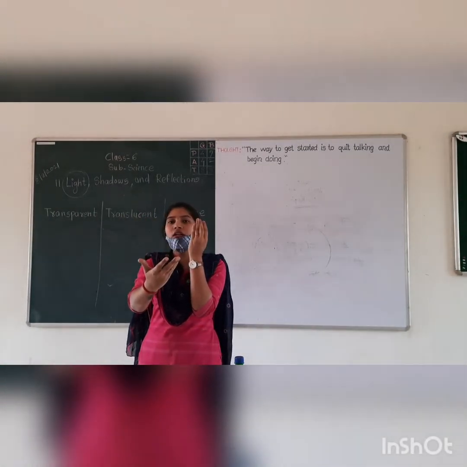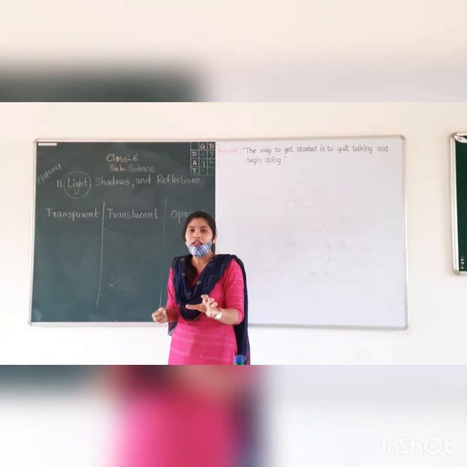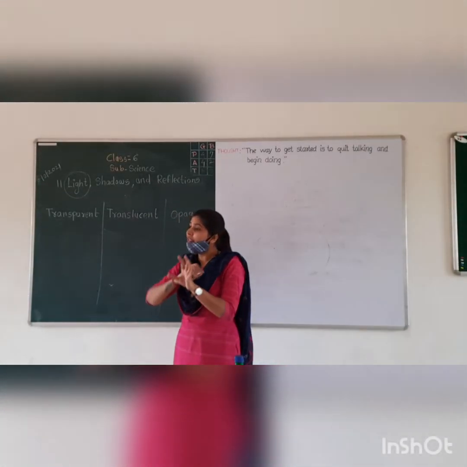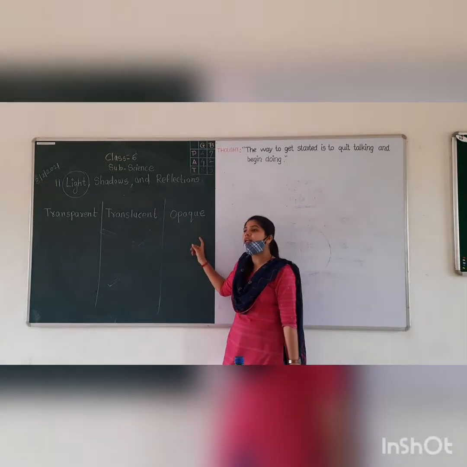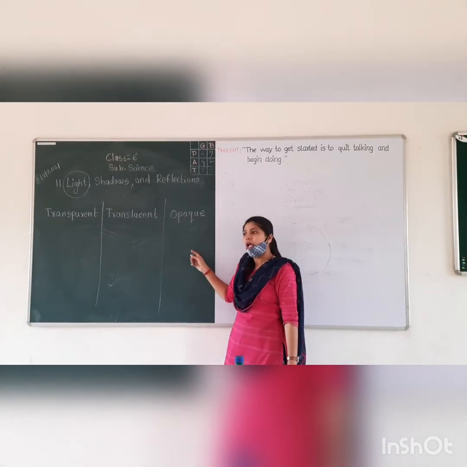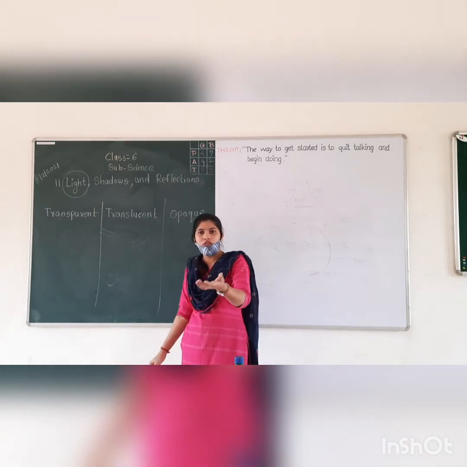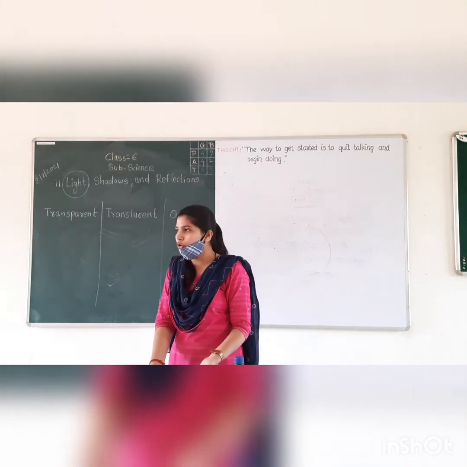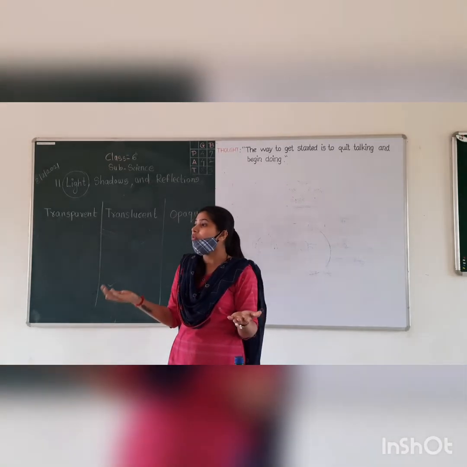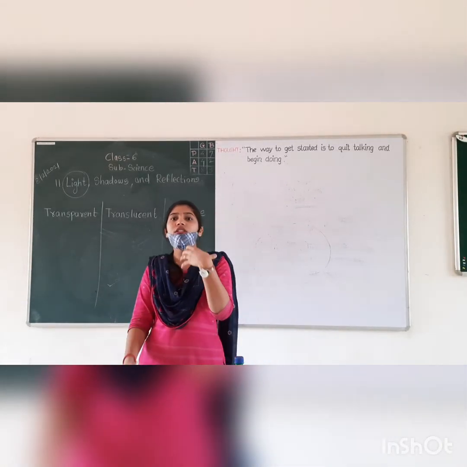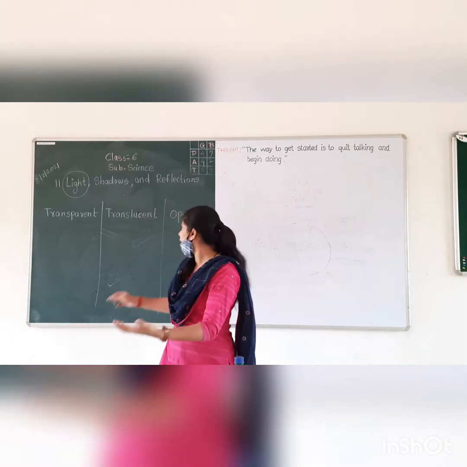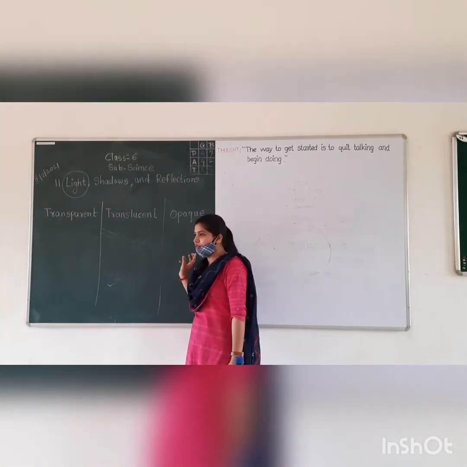When we cannot see anything on the opposite side, those objects are called opaque objects. The examples are book, mobile, textbook, cardboard, wooden things. From those we cannot see the opposite side, so those are opaque objects.